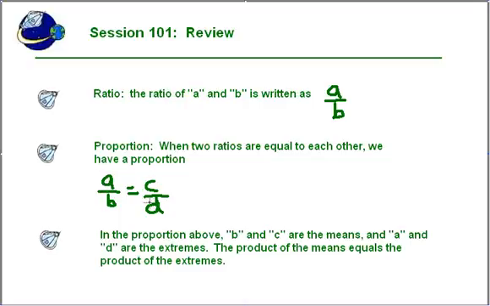And then in this proportion that's listed here above, b and c are called the means of the proportion. A and d are called the extremes of the proportion. And the principle or the property of a proportion is that the product of the means equals the products of the extremes. That'll wrap up session 101 on ratio and proportion.